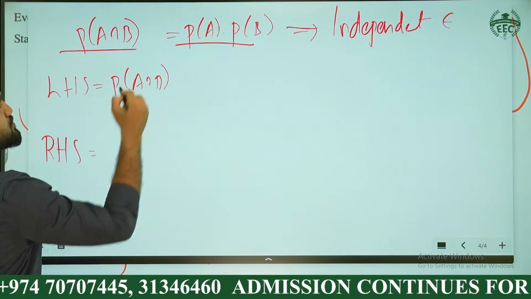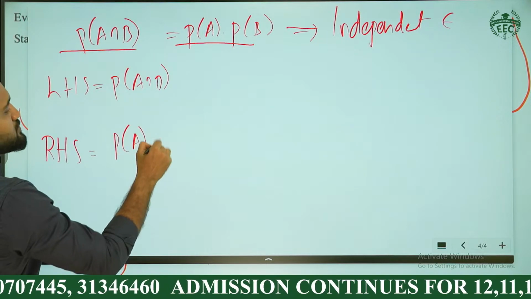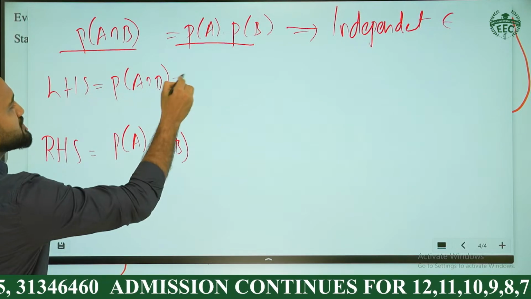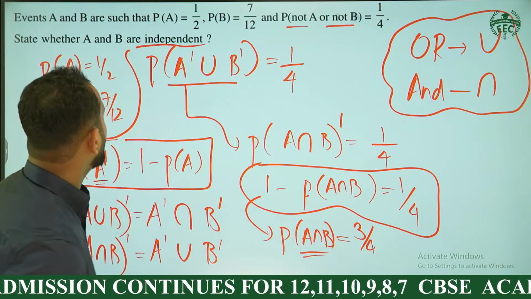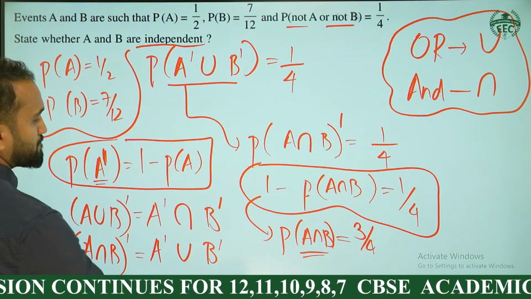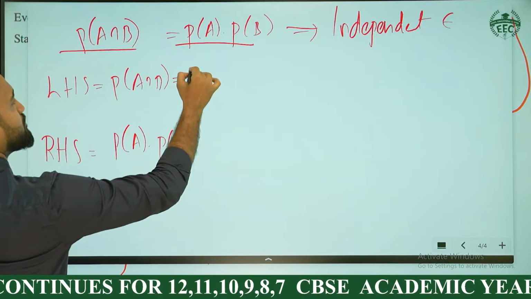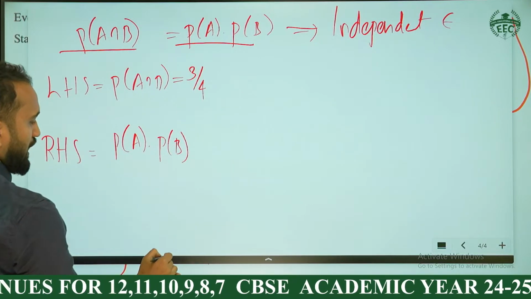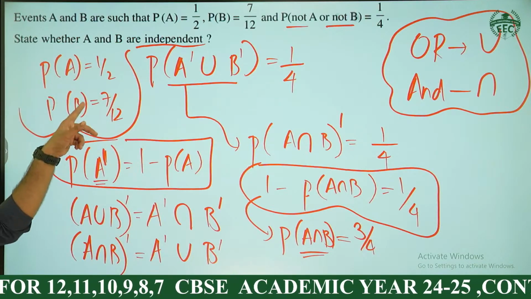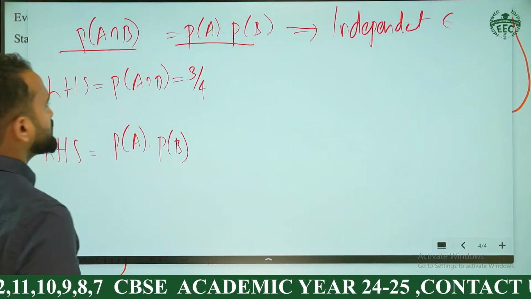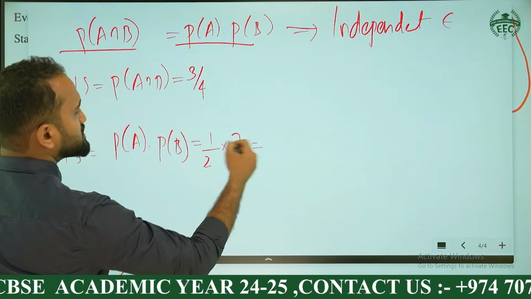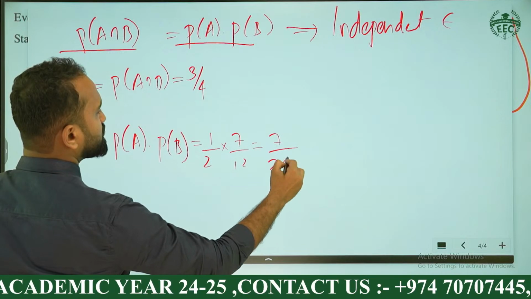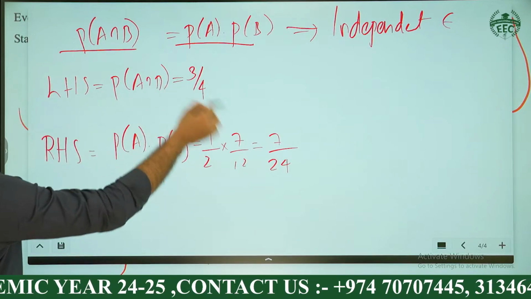LHS is P of A intersection B, RHS is P of A into P of B. It is well defined in the question that P of A intersection B is equal to 3 by 4. And the other two, P of A and P of B, will be 1 by 2 into 7 by 12, which is equal to 7 by 24. People, are these two the same?